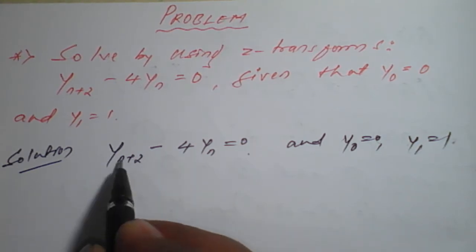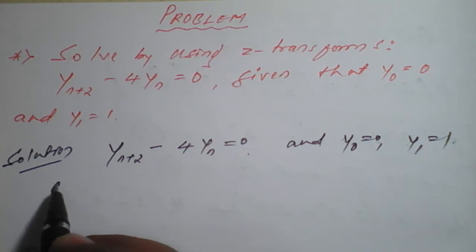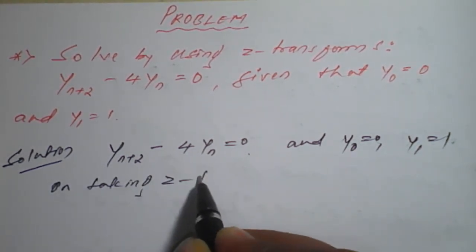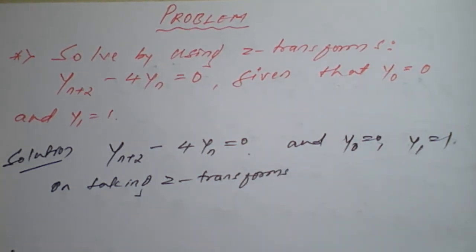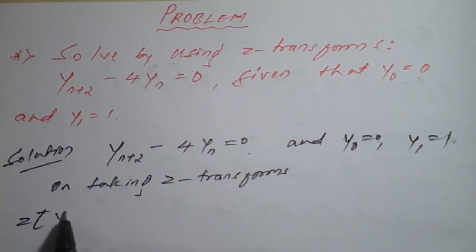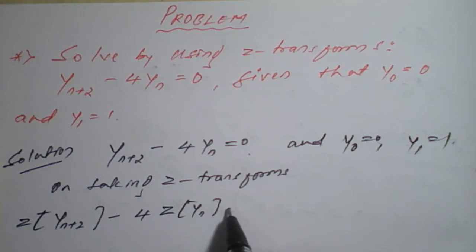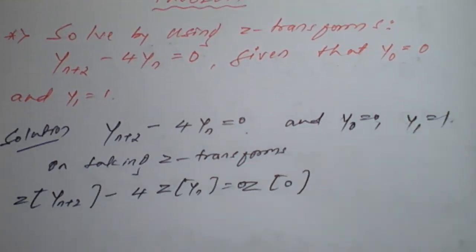So now take z transform on both sides of this entire thing. On taking z transform on both sides, what happens here: z transform of y of n plus 2 minus 4 times z transform of y n equal to z transform of 0.